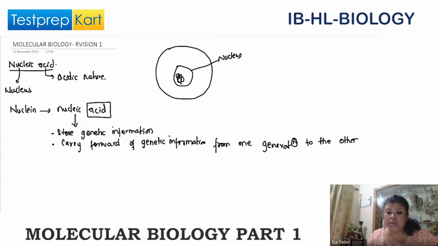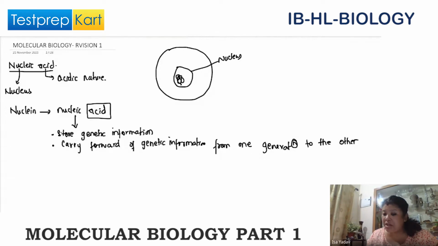This is important. Like we get some characters of our parents, but we don't look exactly like them. But we have some features, and that is also there in the genetic material.